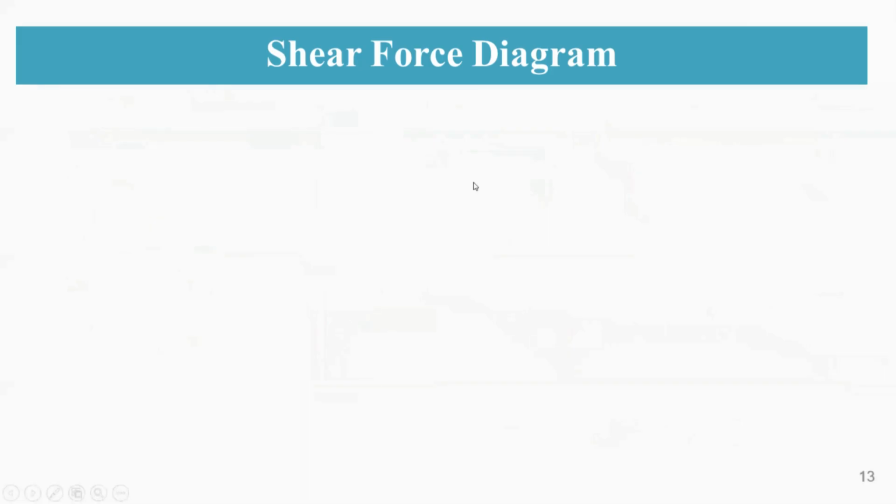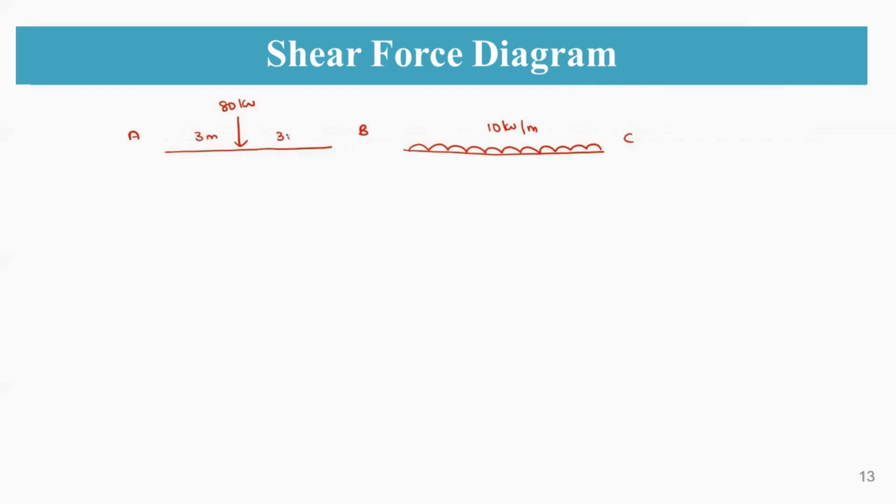Now coming to the next one, it is a shear force diagram. To draw the shear force diagram, again you have to find out the reactions. So first we will draw this A, B and C. This is again a point load of 80 kilonewton and this is a UDL of 10 kilonewton per meter, and this is 3 meters, 3 meters, 6 meters for AB, and this is 5 meters.